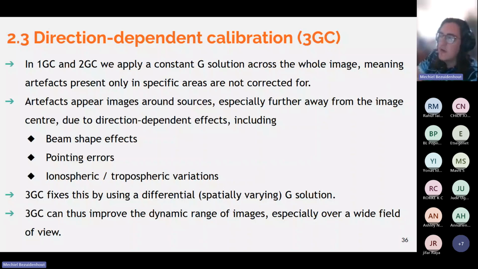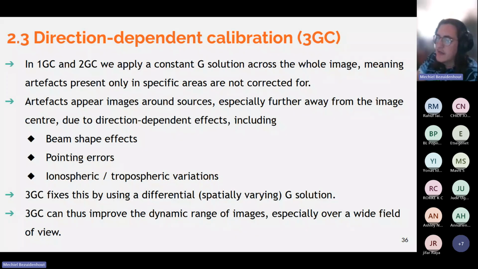Meaning that if you have any artifacts that are present only in specific areas of the image, then you don't correct for them. You only correct for effects that are constant across the image.